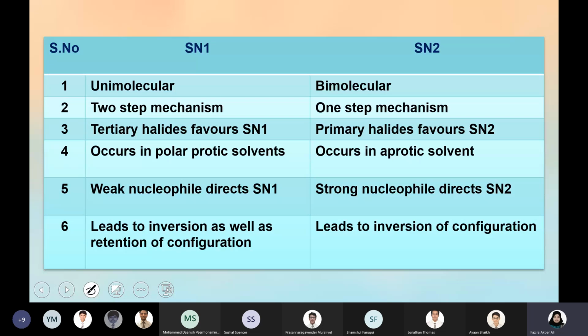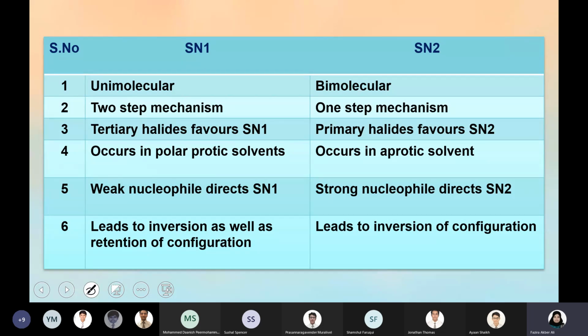So this is the summary now: SN1 and SN2. SN1 is unimolecular, SN2 is bimolecular. SN1 is two-step, and SN2 is one step through a transition state. SN1 is mostly favored by tertiary and SN2 by primary.